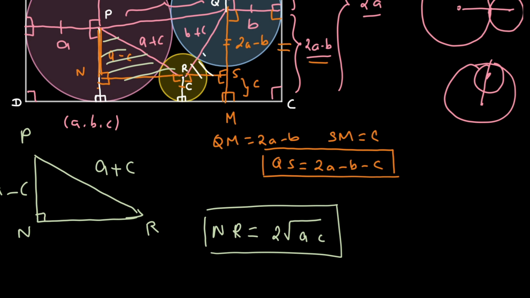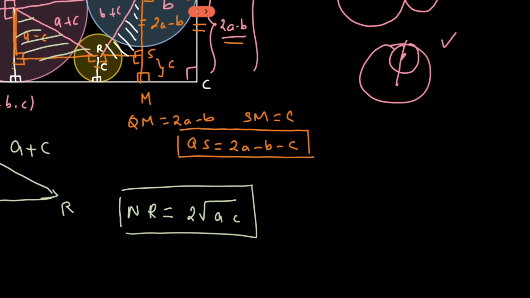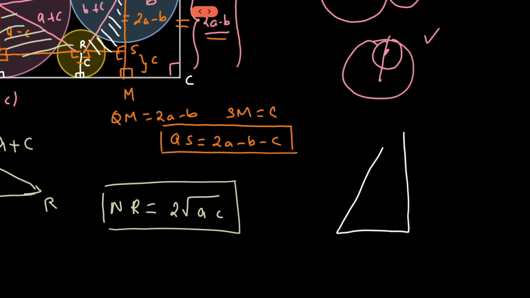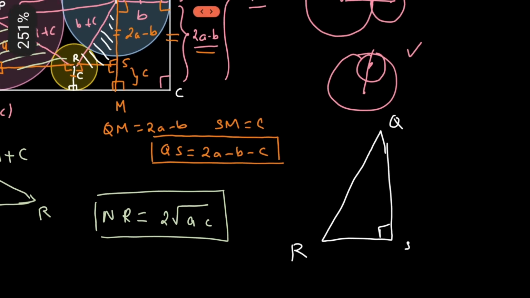Now look at the triangle RQS that I am shading in white. The triangle is like this, this and this. Here is the 90 degrees. The point Q, the point S, the point R. The length of QR is b plus c. The length of QS we have got as 2 times a minus b minus c.